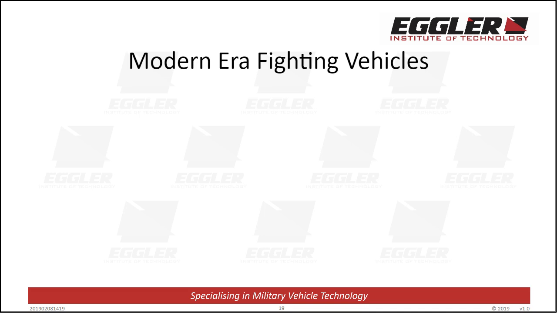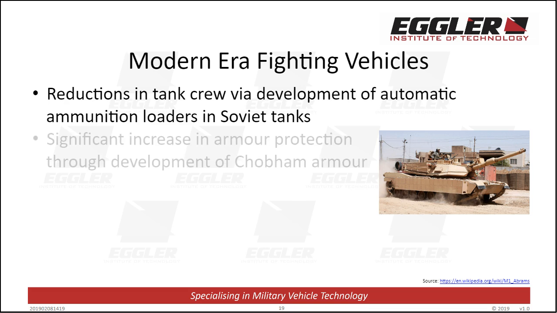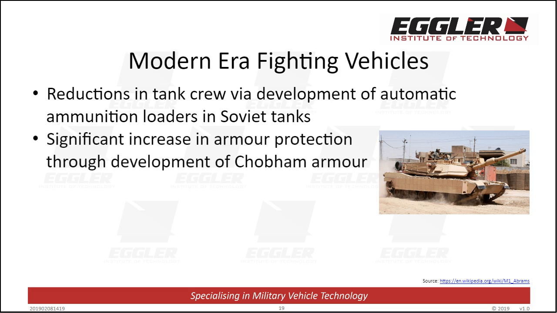The key design and technological developments over the past 50 years included the development of the T-72 tank, which led to the fitting of the first automatic ammunition loaders into tanks. This had the considerable operational benefit of reducing the standard crew size from 4 to 3. There were dramatic improvements in armor protection through the development of Chobham armor by the United Kingdom. Chobham armor is widely used in Western heavy tank designs of today.